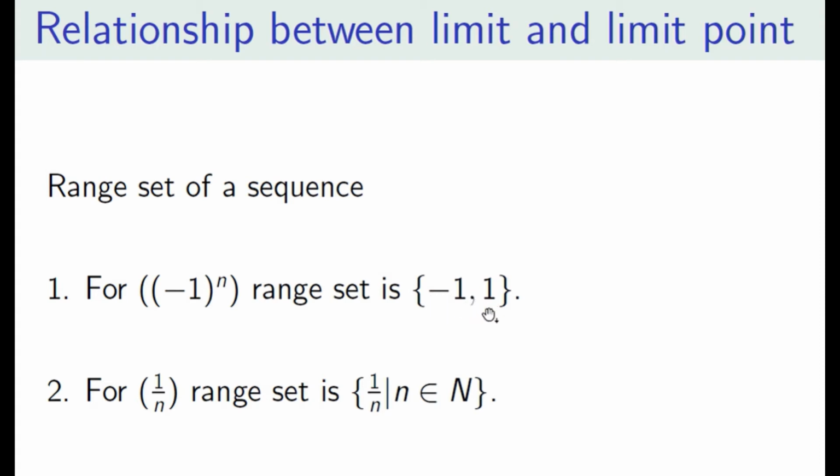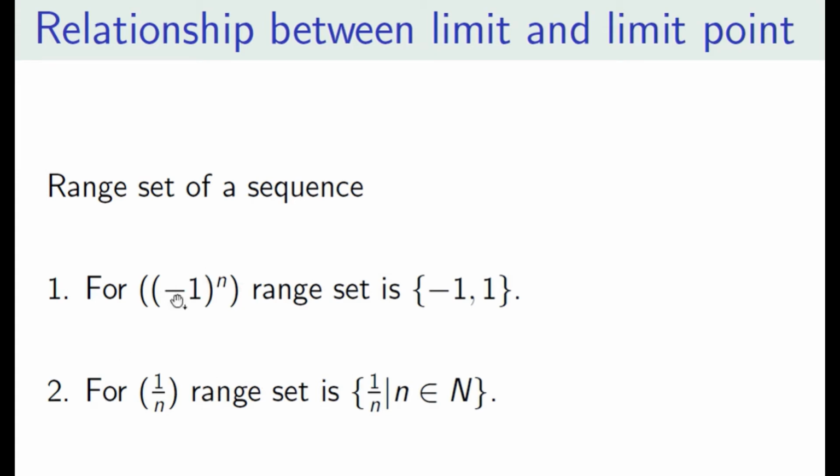Now if you take the sequence 1/n, the range set contains infinitely many elements, and they are 1/n, where n is a natural number. So here the range set was finite, and here the range set was infinite. I think you understood what a range set is.